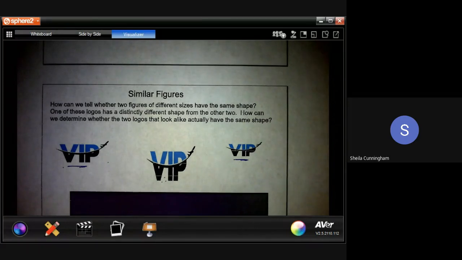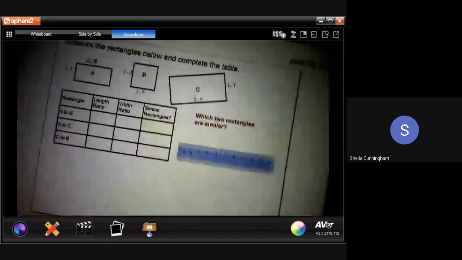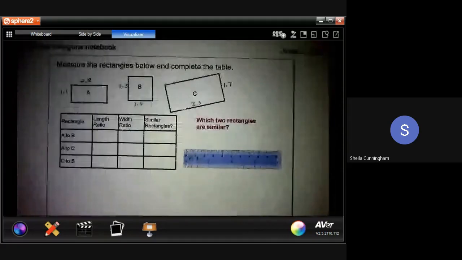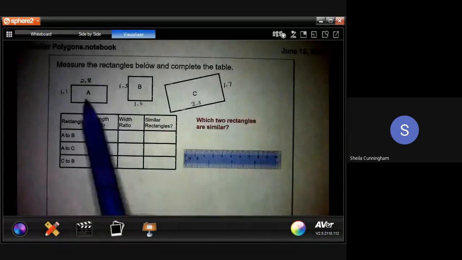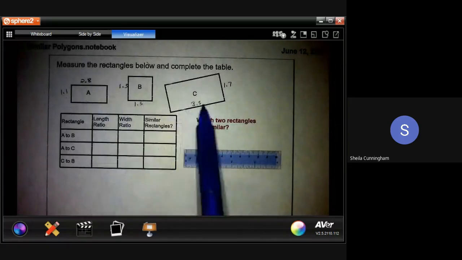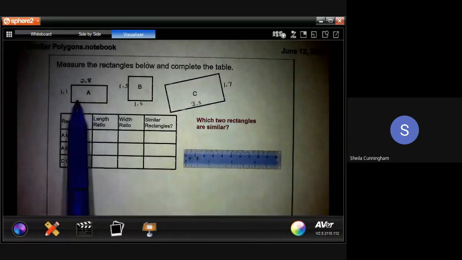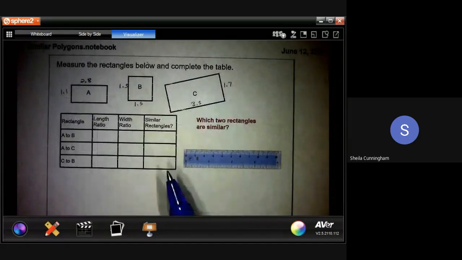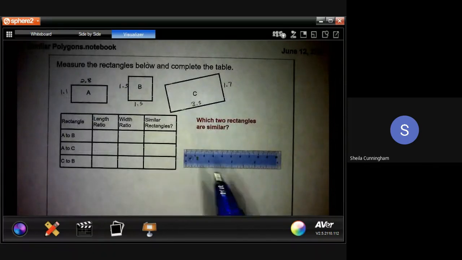So when we do that, we want to start to establish some values and identify things, because what we start to see is, if we look at maybe our three shapes that we've got here, A, B, and C. So when I start to look at these, I do a visual. I look to see, okay, which shapes kind of look the same.